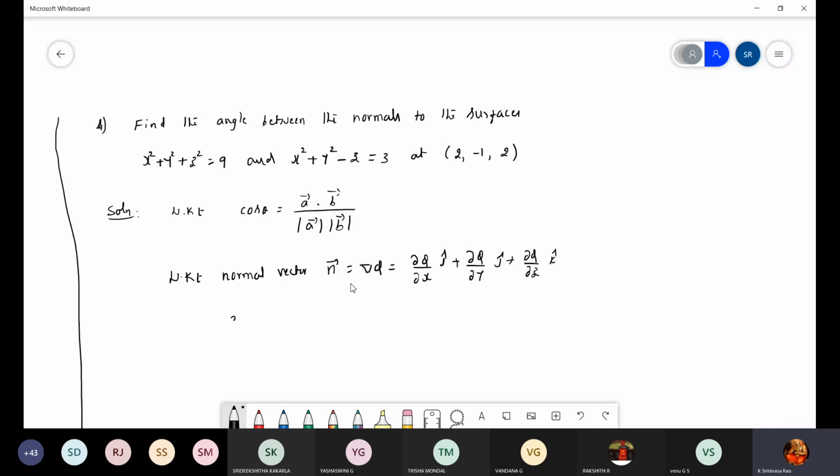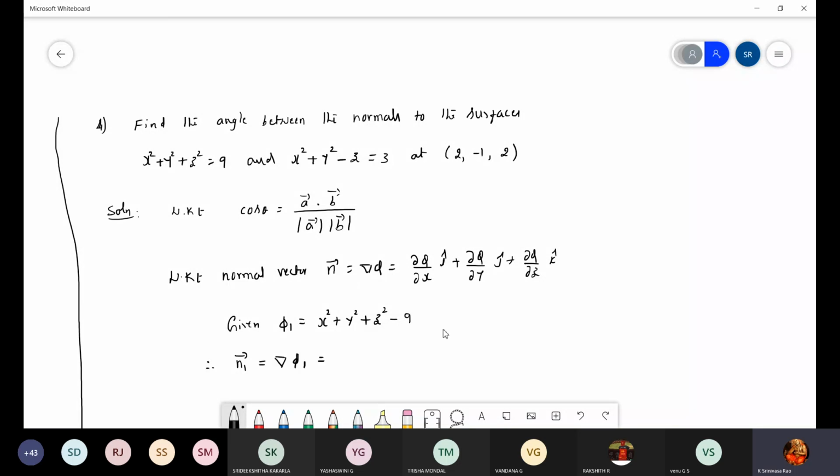Since two surfaces are given, take the first surface as phi 1, given by phi 1 equals x square plus y square plus z square minus 9. Take the constant to the left hand side; in differentiation that 9 becomes 0. Since it is the first surface, the first normal vector is n1, so n1 equals grad phi 1.